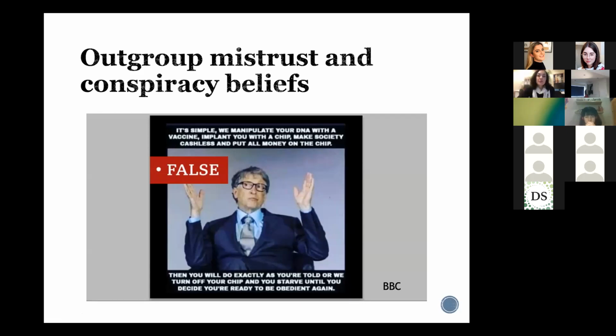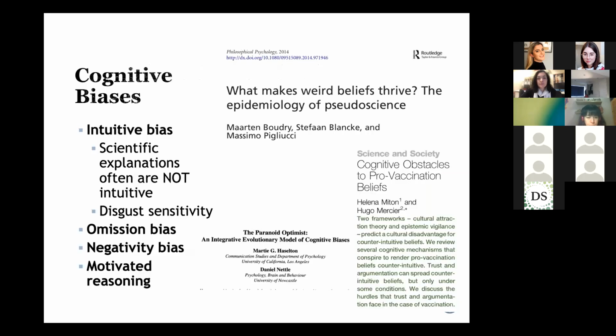So at the core of conspiracy theories, there is mistrust in outgroups. We want to see whether variation in outgroup mistrust in different populations is contributing to the variation in the level of conspiracy beliefs across different populations.